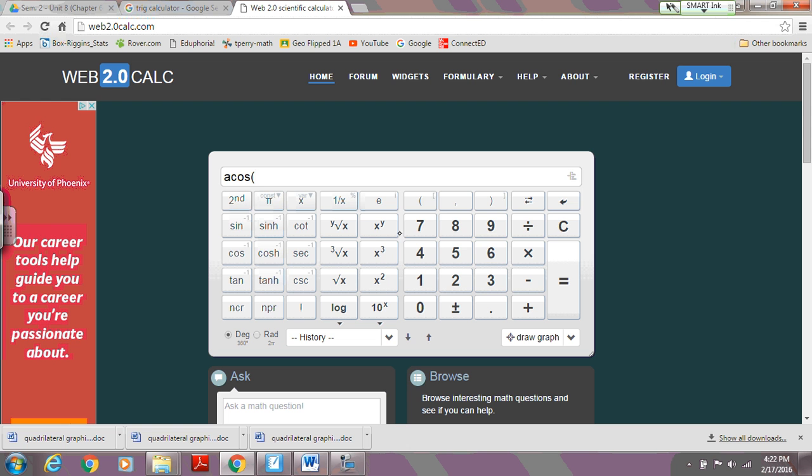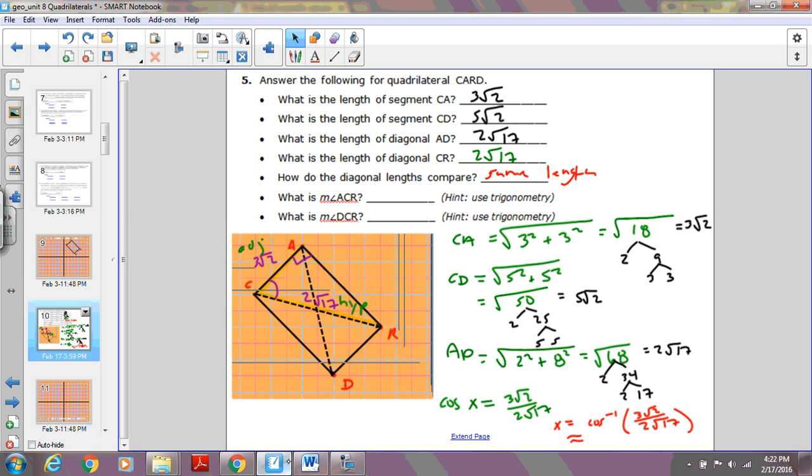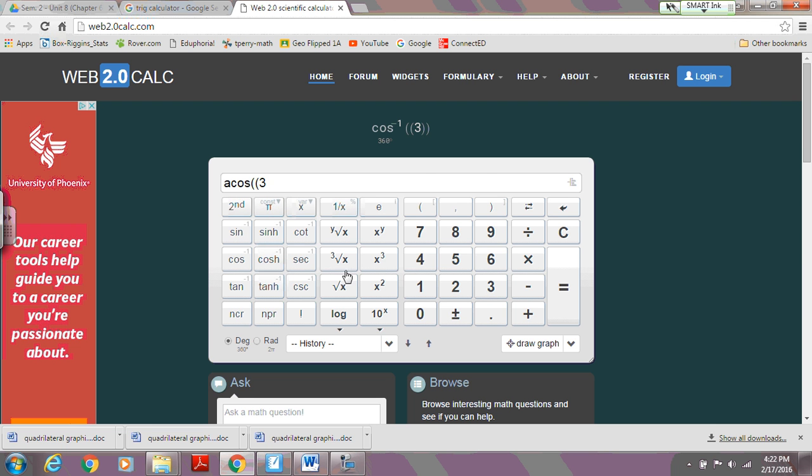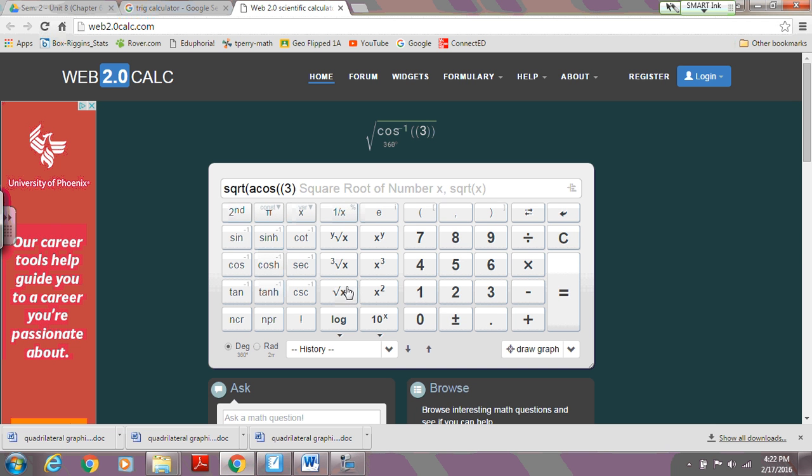And then I need parentheses. What was it? 3 root 2. 3 square root. Oh gosh. All right, back up, back up. I need to do the square root first of 2, close parentheses, times 3.